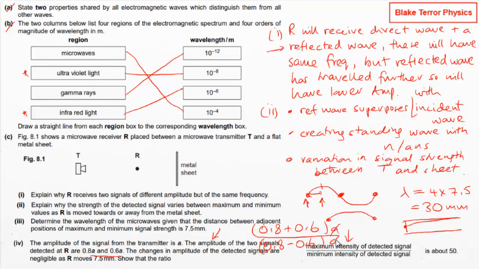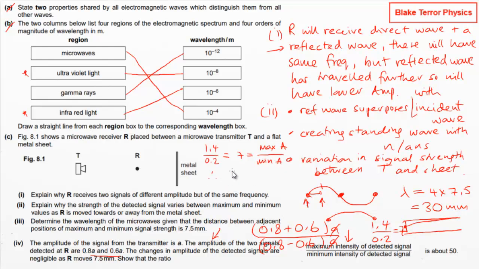So we can ignore all of these. We're going to say that is 1.4 divided by 0.2, which is 7. That's our amplitude ratio. So you'd want to write: 1.4 over 0.2 equals 7, so that would be the max amplitude over the minimum amplitude.